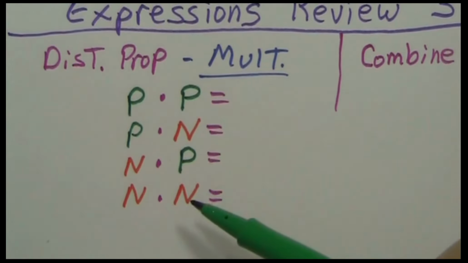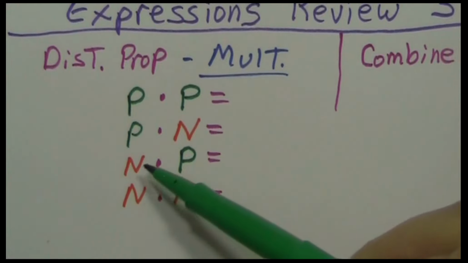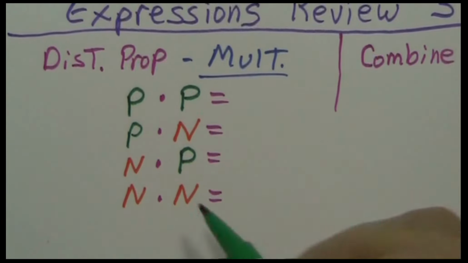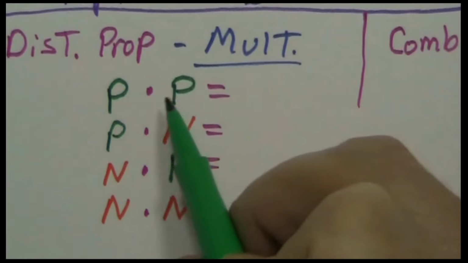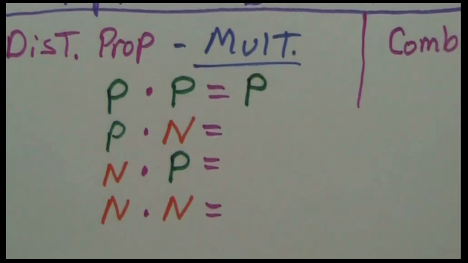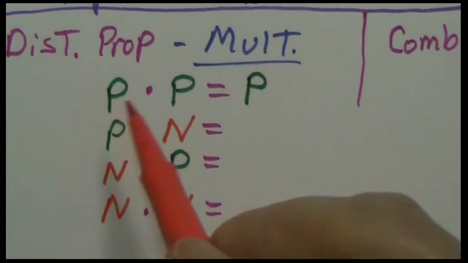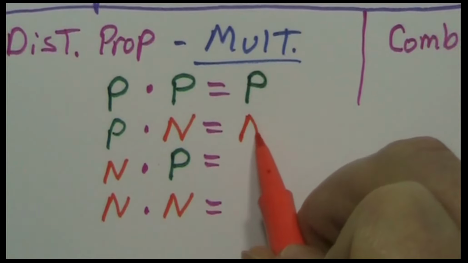Positive times a positive, positive times a negative, negative times a positive, and a negative times a negative. Naturally, if it's positive times a positive, it's still positive, right? There's no negatives involved. If there's one negative involved, then it is negative.